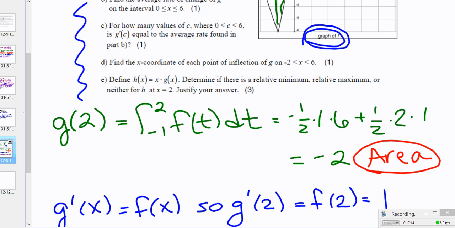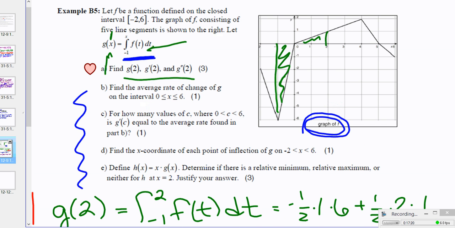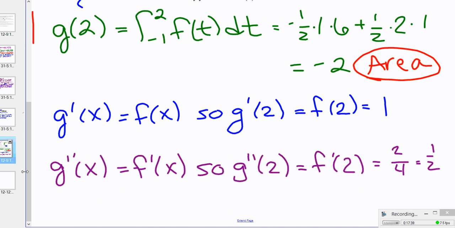In the second part, you need to think about the fact that when you take the derivative of this function, ooh, that's wild. That's not what I was trying to do at all. So when you take the derivative of this function up here that's defined by an integral, you're actually using that fundamental theorem of calculus that we referred to earlier. And so what I wrote down beneath here, if we can get it to scroll, very good, is this. So G prime of x is equal to f of x.